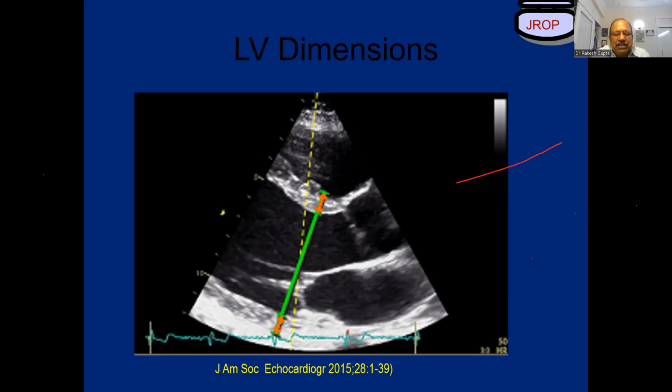My submission for optimizing your apical four-chamber view is, you feel the apex beat first. Put your transducer as parallel to the heart as possible.